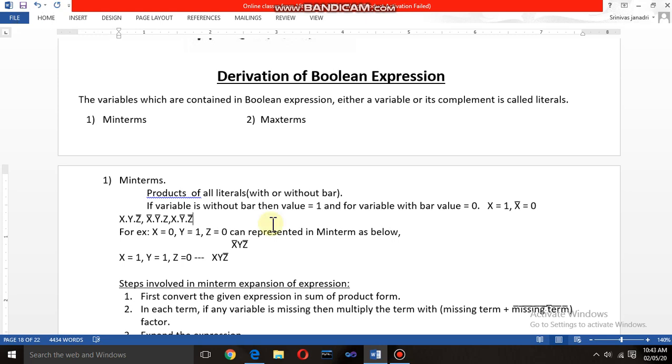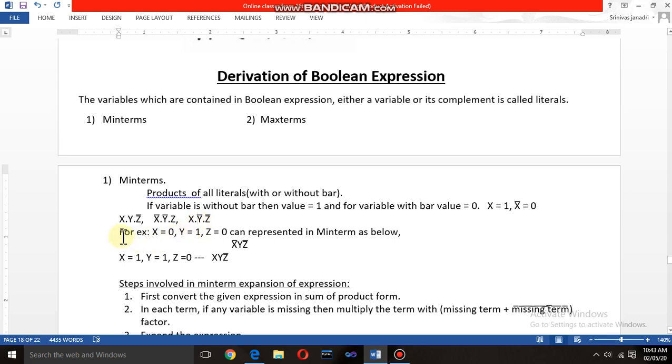A complemented and a non-complemented variable both represent just a literal. But if you want to call it a minterm, it should contain 3 different variables, with or without bar. This is called a minterm.